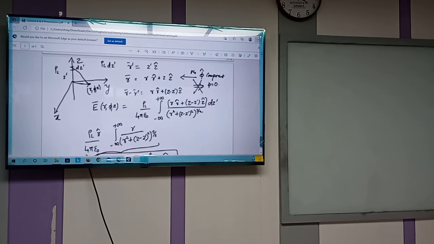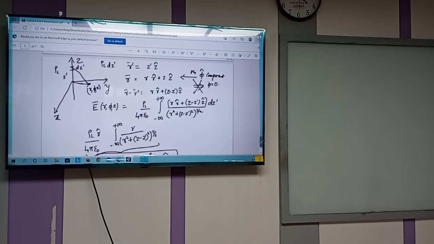I am not looking for z equal to 0, because the calculation could be done considering z equal to 0, but the equation will be complex for you to understand, which is why I am taking a value of z. Let me consider any z value and see what happens.